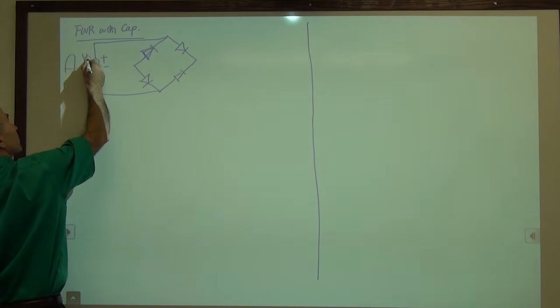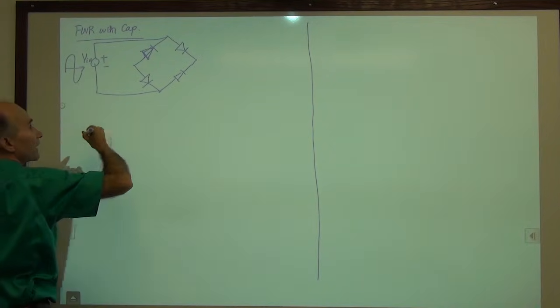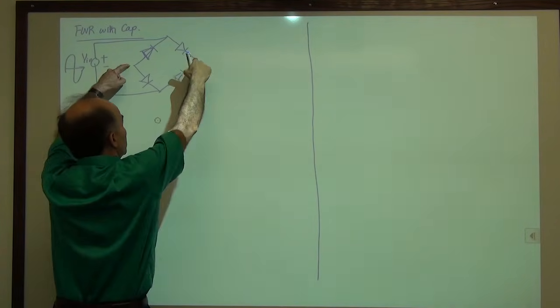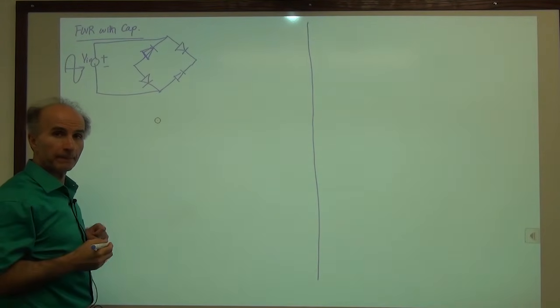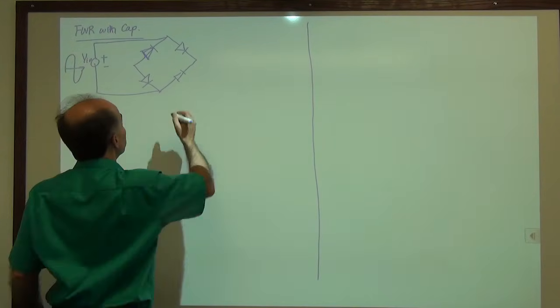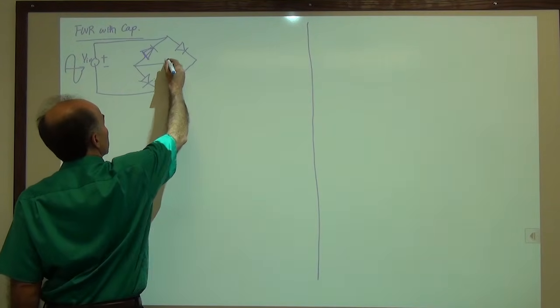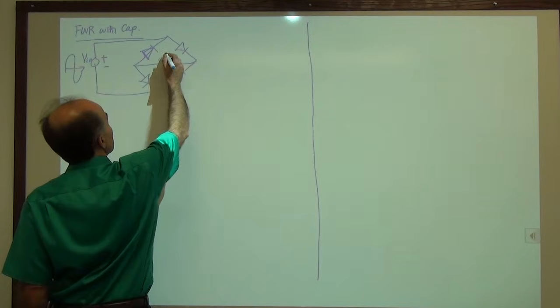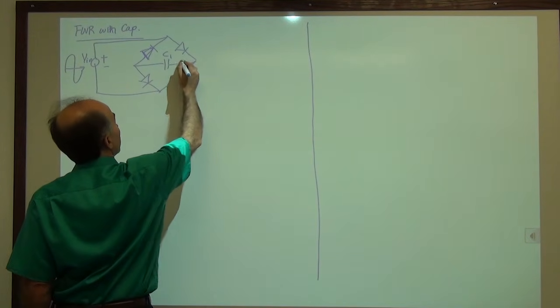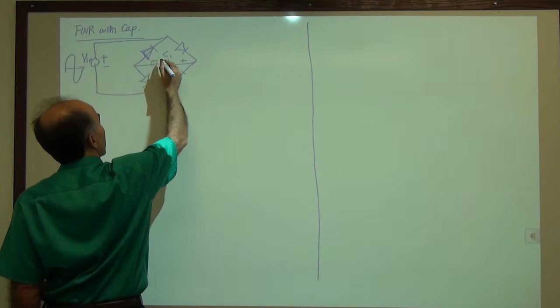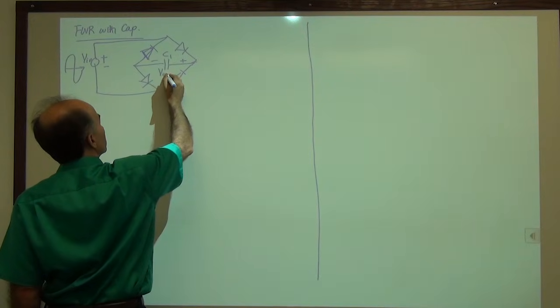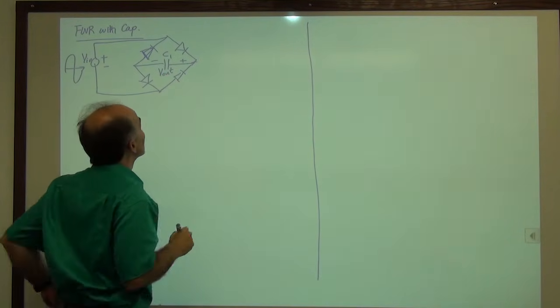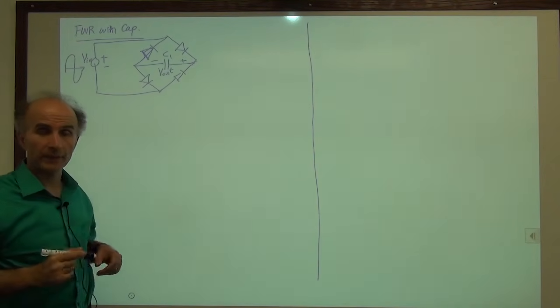That is our input. And then we connect a capacitor between the two outputs. Okay, so we can connect the capacitor like this, C1, and again the output always has this type of polarity, V out. And we'd like to see what happens.